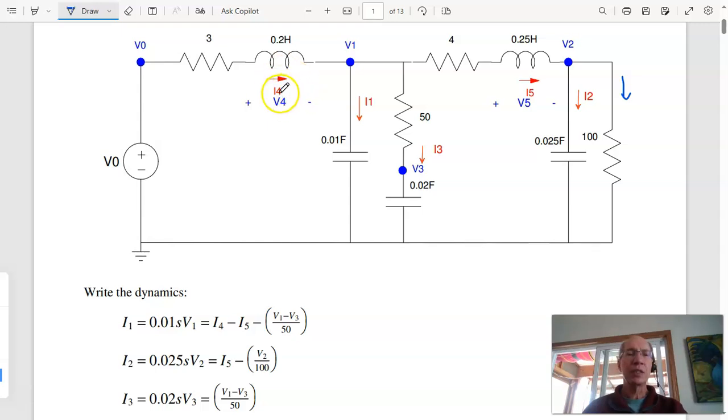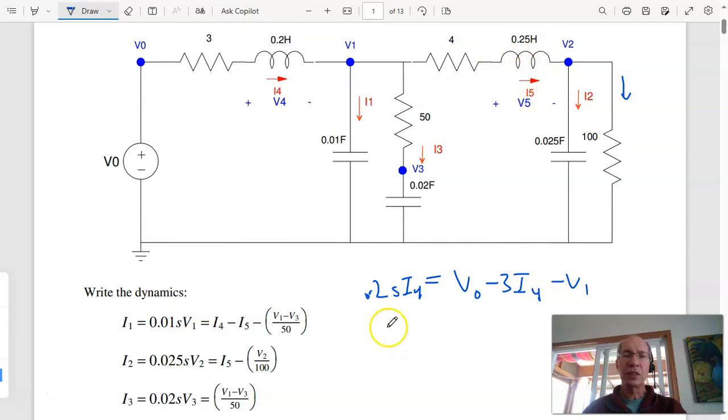To get the voltage, this guy right here, that's your 0.2 sI4. That's equal to the voltage across that inductor. Voltage on the left is V0 minus 3I4. Voltage on the right is V1.